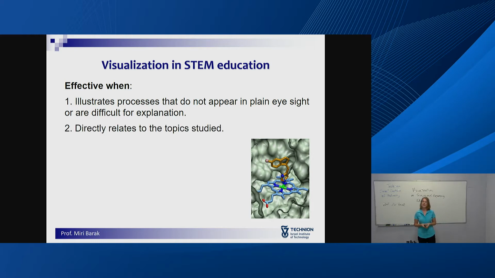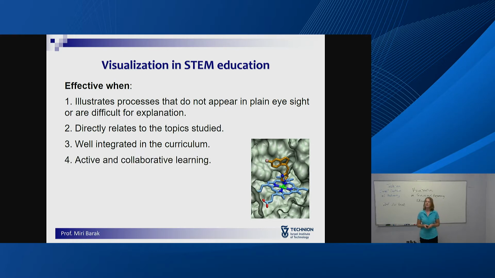Visualization has to be directly relating to the topic studied. It has to be well integrated into the science and engineering curriculum, and it has to encourage students' active and interactive connections in order to encourage collaborative learning. When we present the visualization, we have to state the analog.